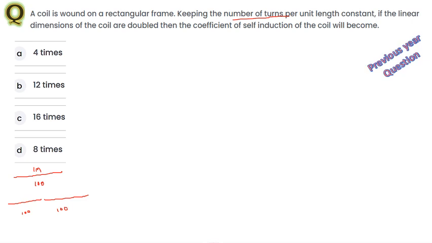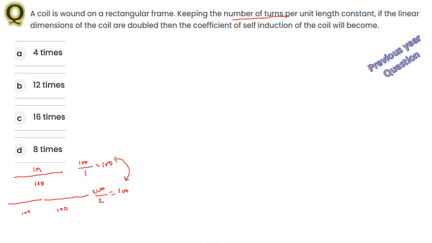If you consider the ratio, number of turns per unit length, for the first one the number of turns is 100 per unit length 1 meter, so you get 100. Similarly now the number of turns is 200 and the length is 2, so you have the same 100. So in that case it has been maintained as constant.